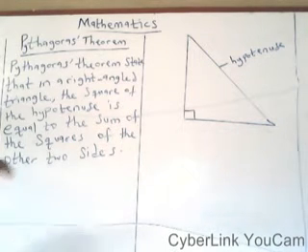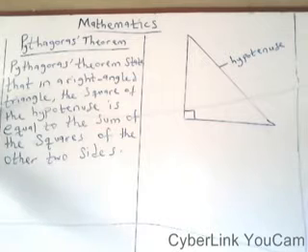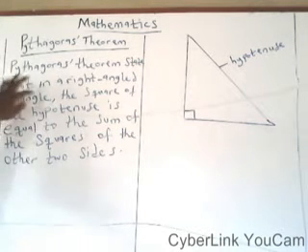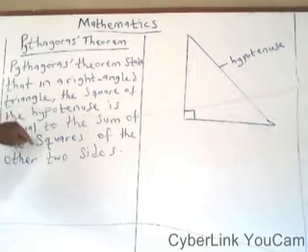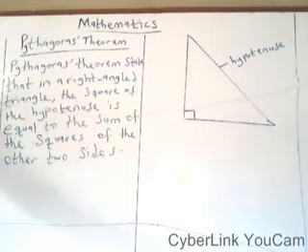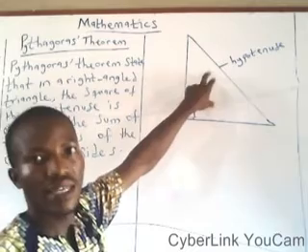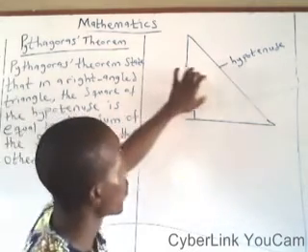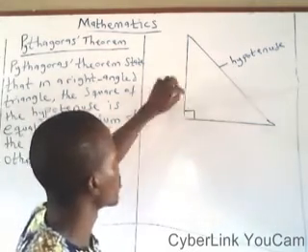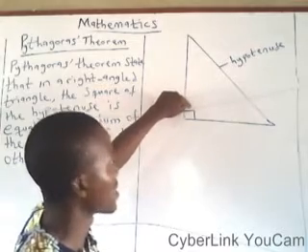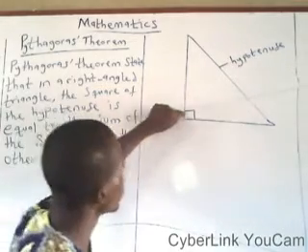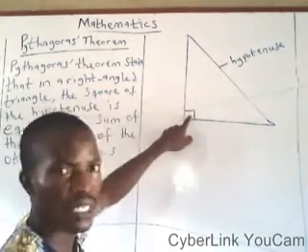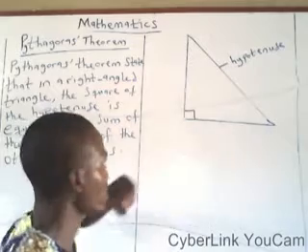The definition is clearly stated, but how do we apply it? When it says the hypotenuse, and the other two sides, what do they really mean? This is a right angle triangle. What symbolizes it as a right angle triangle is this small angle located at this corner.